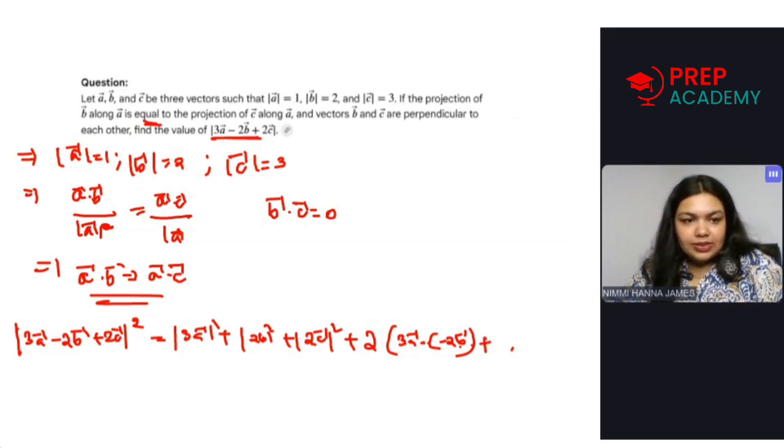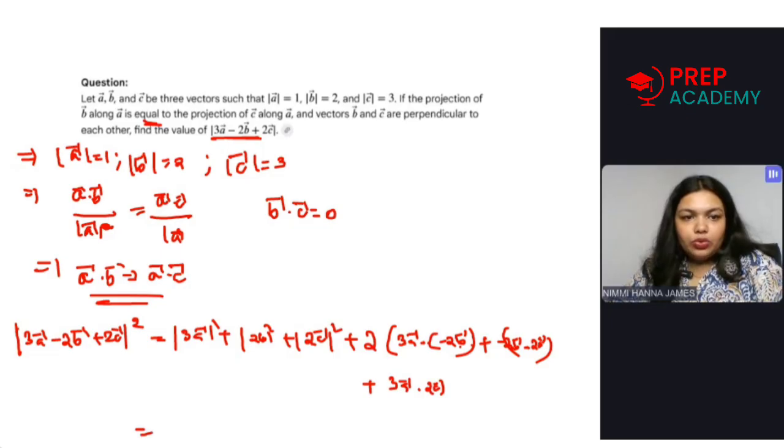Then plus 2 into b dot c, correct? 2b minus 2b vector dot 2c vector plus then a dot c, that is 3a vector dot 2 into c vector.